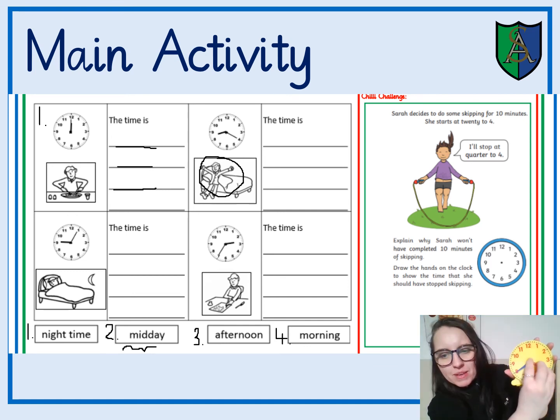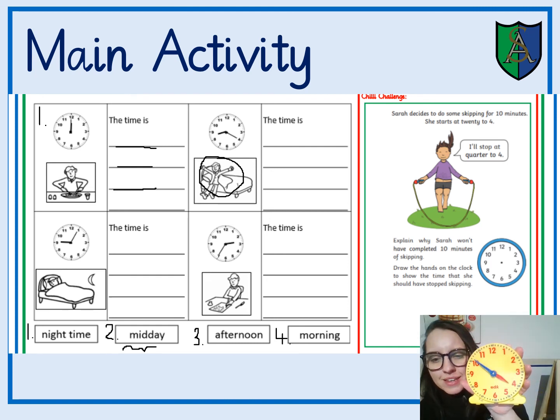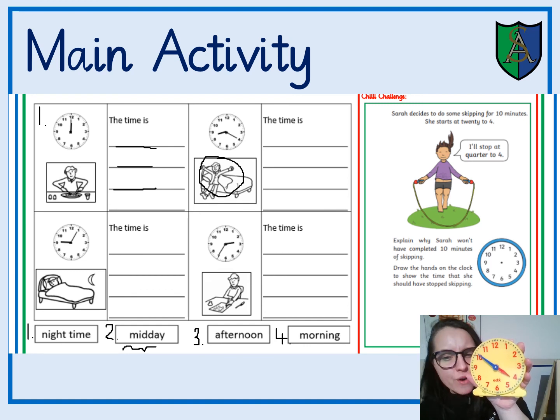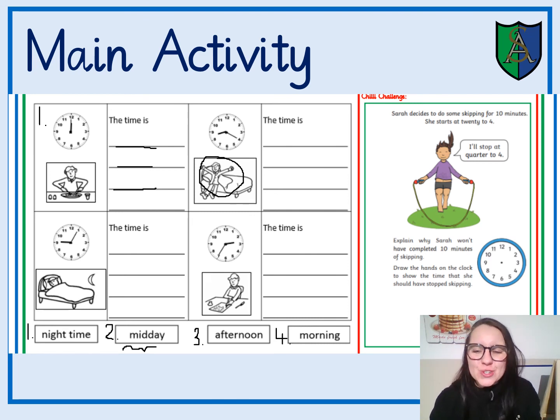Now if she's skipping for 10 minutes, then the minute hand is going to move 5 minutes and 10 minutes. Is she correct? Explain why or why not, and write the correct time that it would be on that clock there, okay?